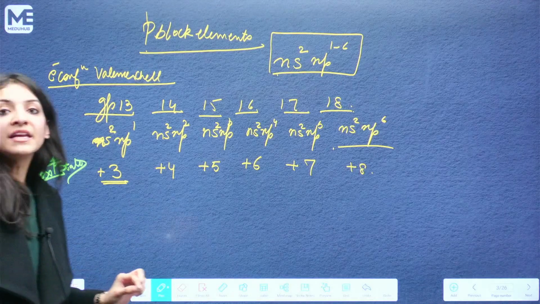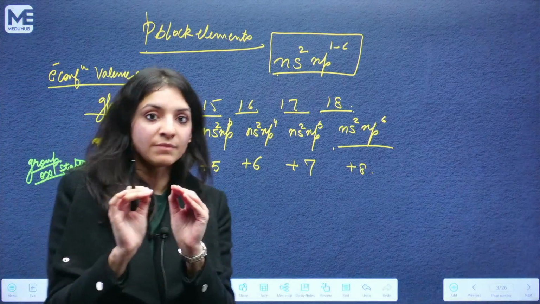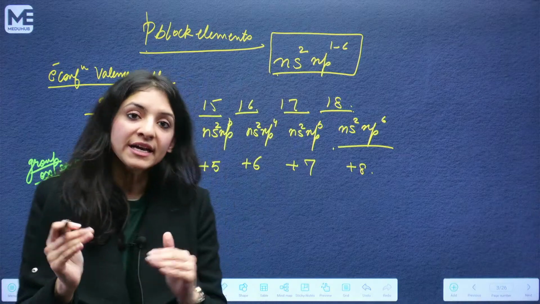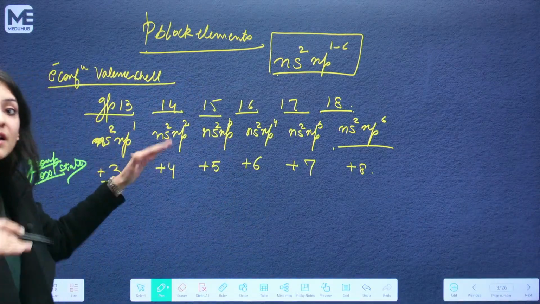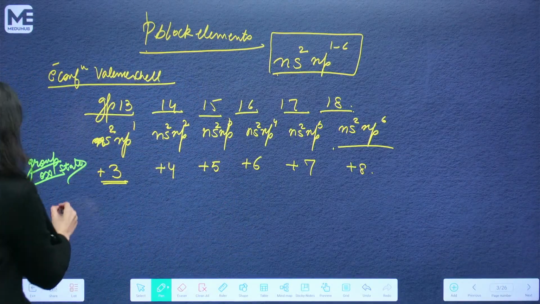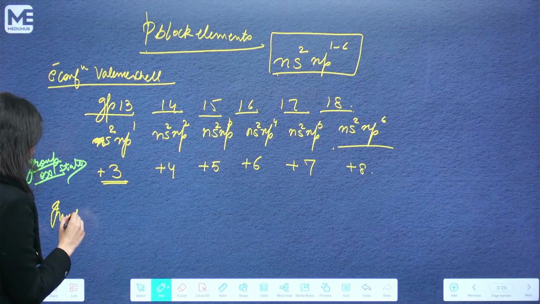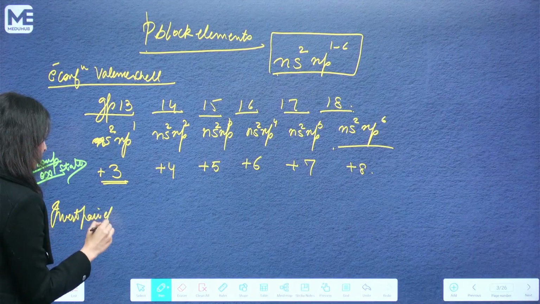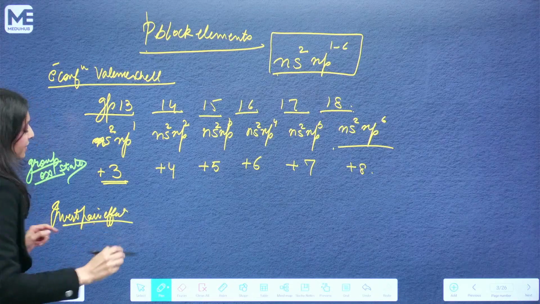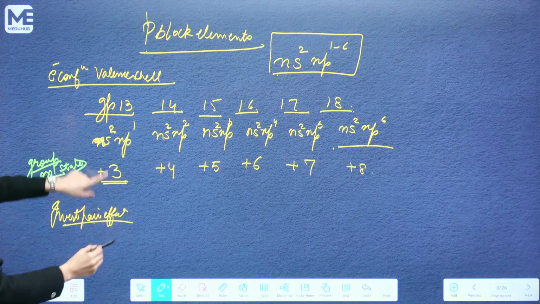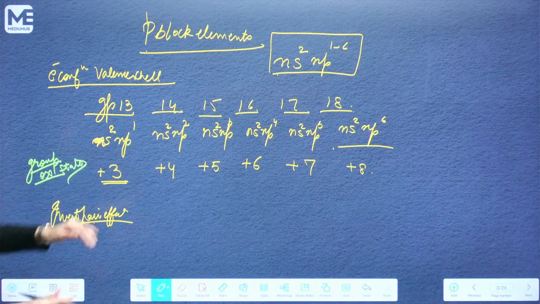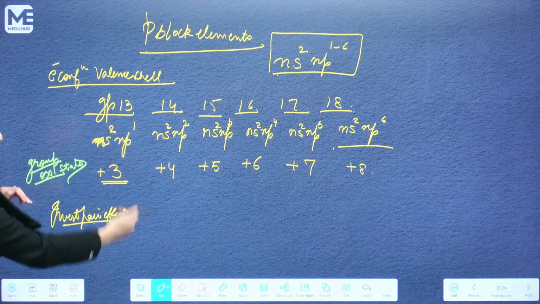Now there is another very interesting phenomenon. I'll just tell about it in brief, but we'll go more in detail when we talk about group 13 further down the class. It's called the inert pair effect. What happens in the inert pair effect? The stability of this group oxidation state decreases as you move down the group.